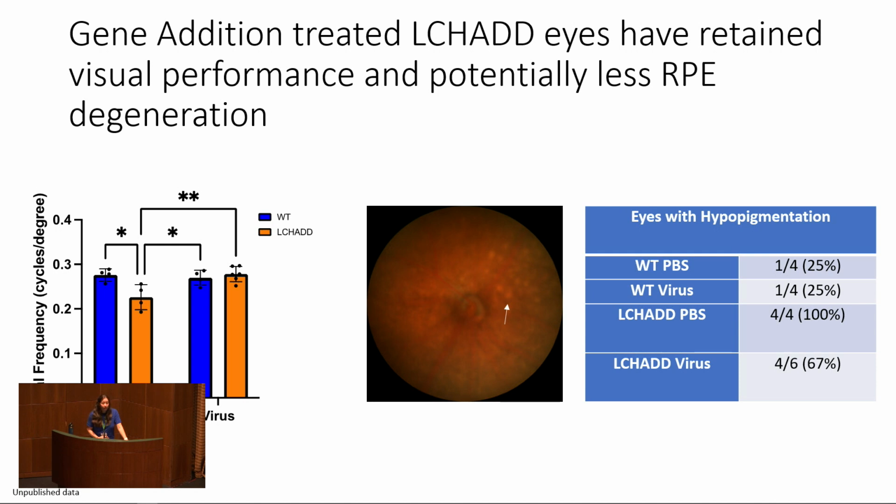Whereas for the LCHADD eyes treated with the gene addition, labeled at the very bottom as LCHADD virus, about 67% of those had RPE degeneration. And so this suggests that it was able to prevent at least some RPE degeneration. It wasn't able to prevent all of it at this stage. As you can see, the wild type mice also had 25%, so it wasn't able to completely prevent it, but it did have lower RPE degeneration when compared to untreated eyes.